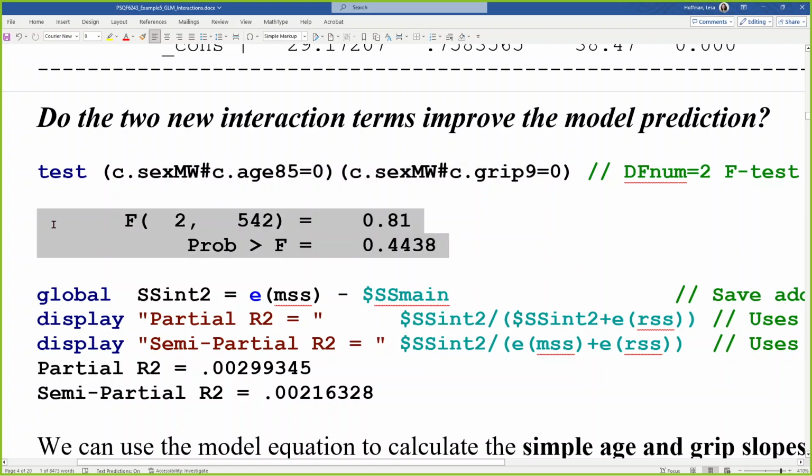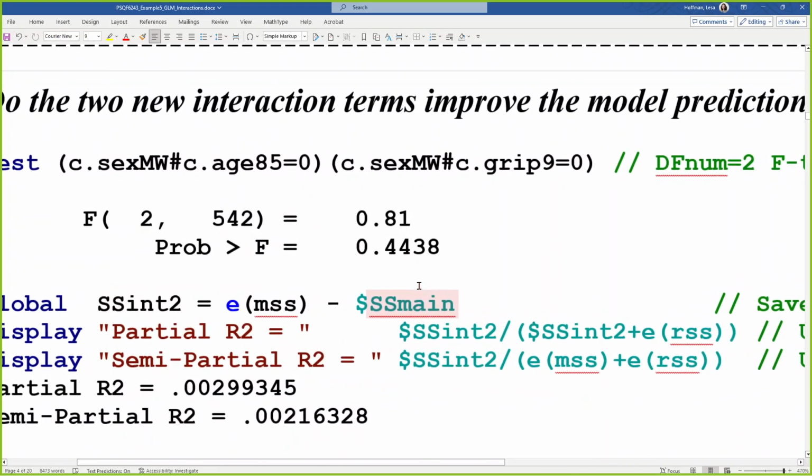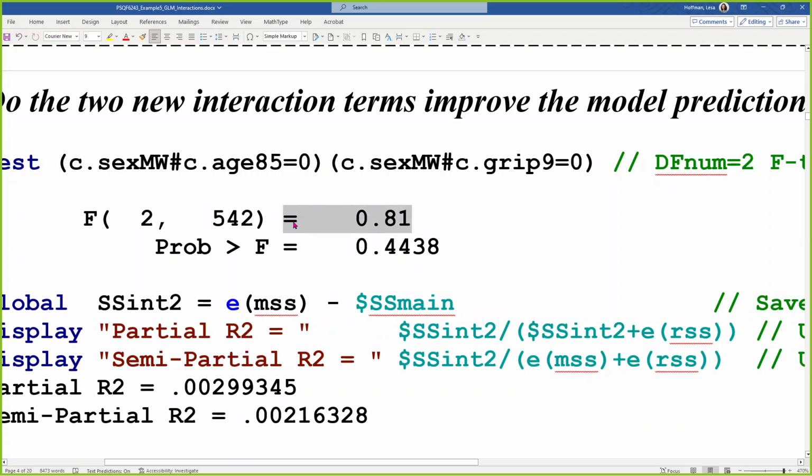So what do you think? My F is 0.81. That's really small. And the probability is 0.44. That's really high. So relatively speaking, F is supposed to be a ratio of what you know to what you don't.